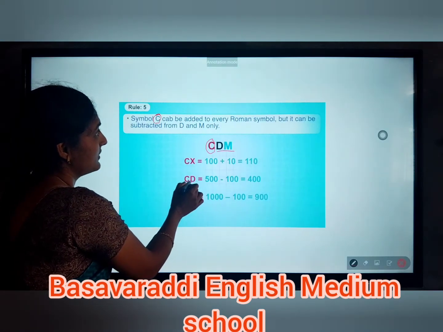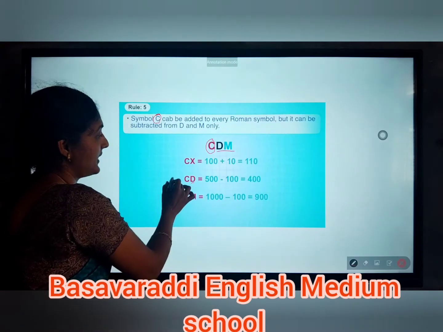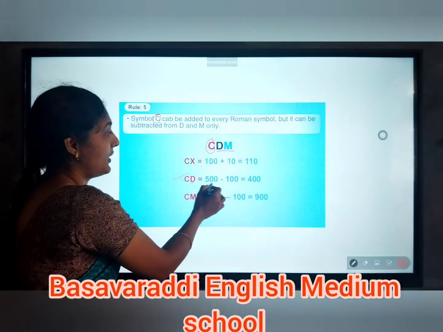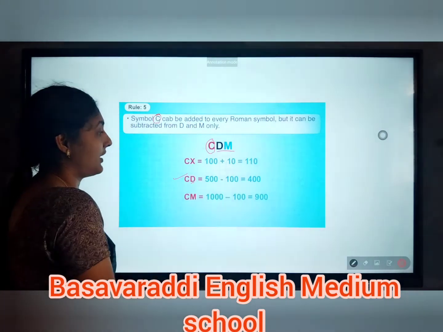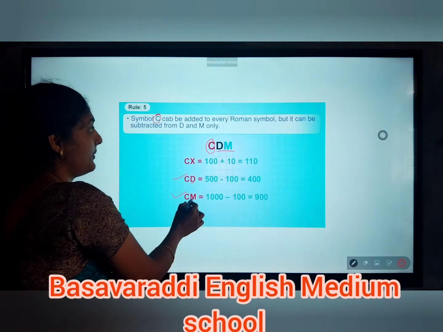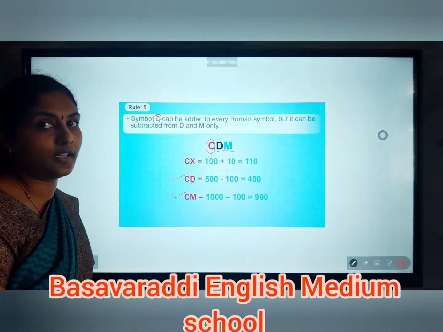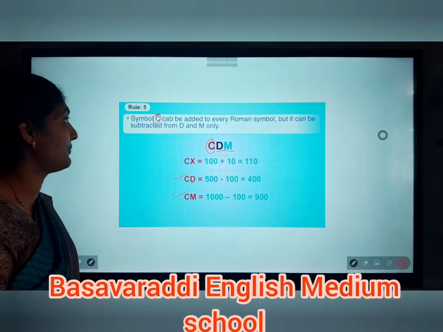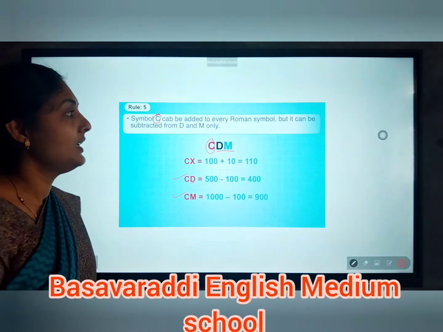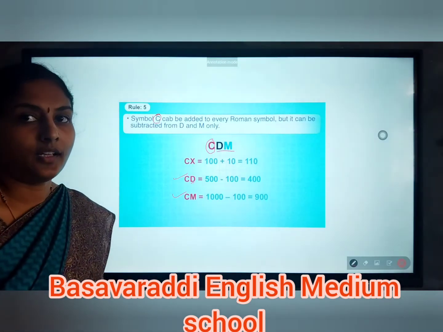Then the C is subtracted from D. In the second example, the C is subtracted from D, which means 500 minus 100 is equal to 400. In the third example, the C is subtracted from M, so 1000 minus 100 is equal to 900. So what is the fifth rule? C can be added to any Roman numeral, but it can be subtracted from D and M only.